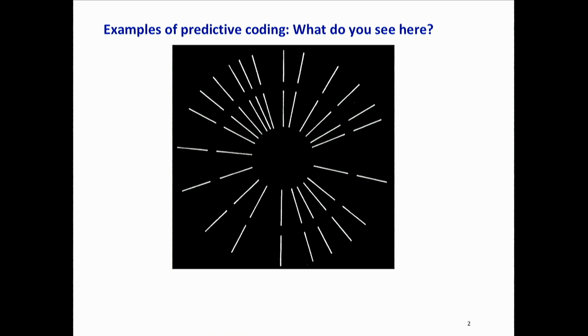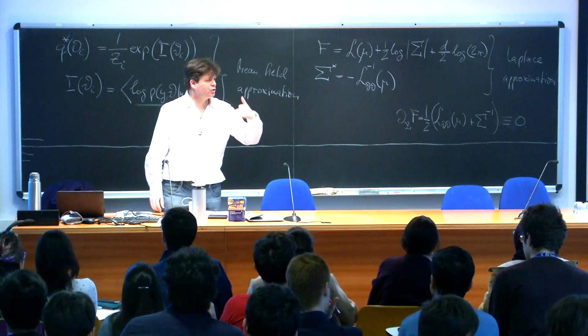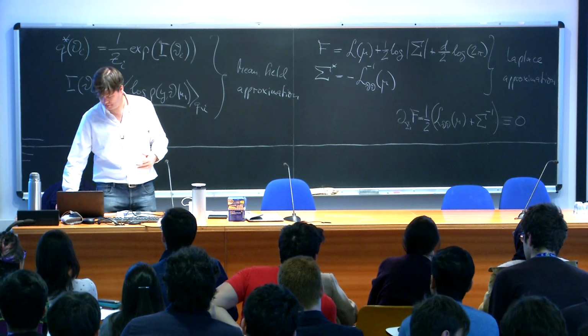Is the black circle there? Is there a black circle drawn there? Not actually. So you only have these white lines, but your brain constructs a black circle. So your brain is actively working to construct your perceptions.